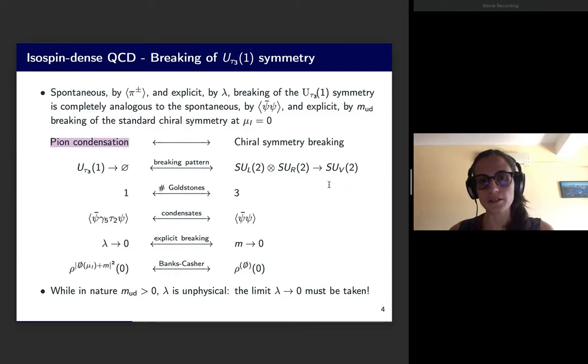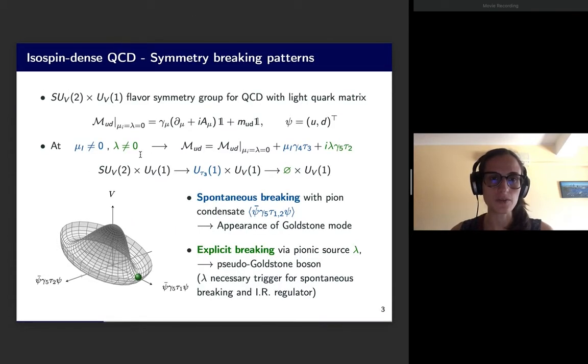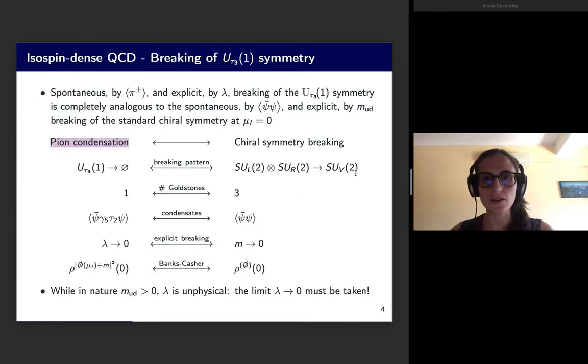The breaking patterns are different. In one case, you have the breaking corresponding to what's happening to this symmetry, and in the other case, you have the breaking of SU(2) left times SU(2) right to SU(2) vectorial.